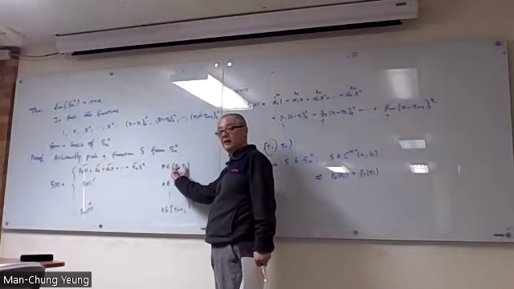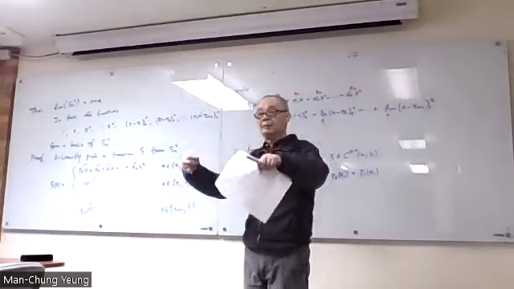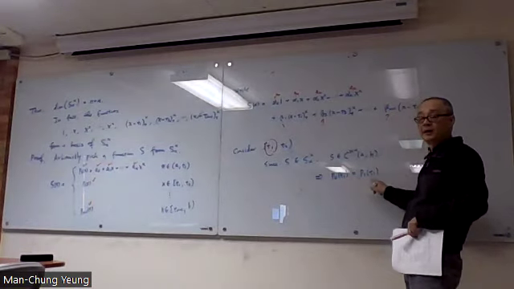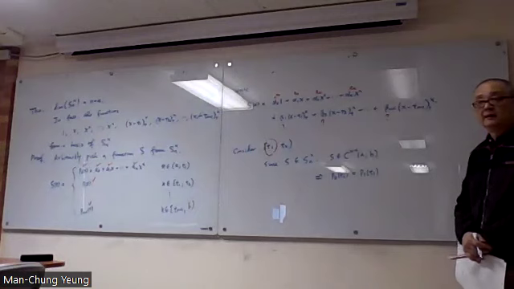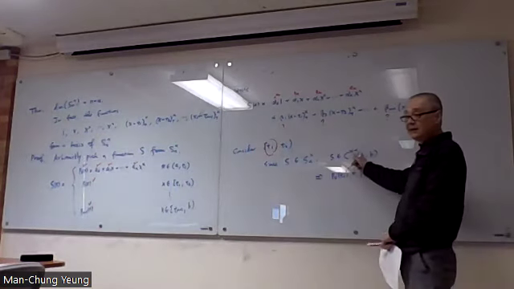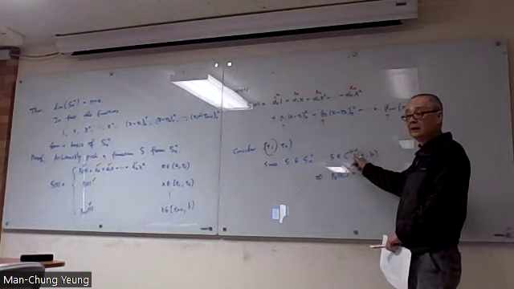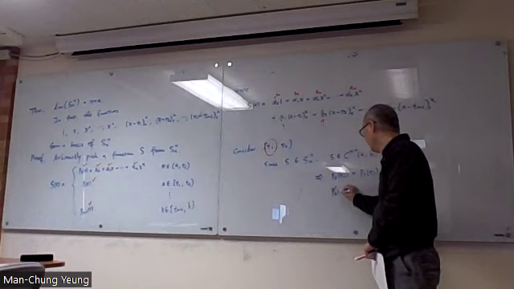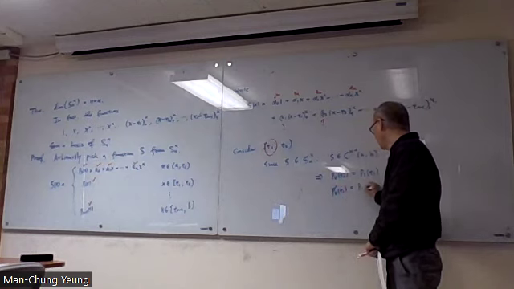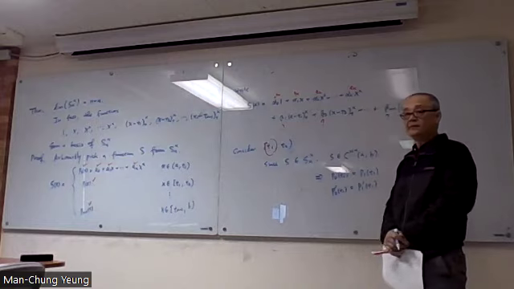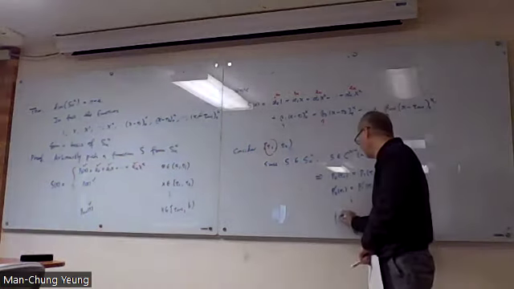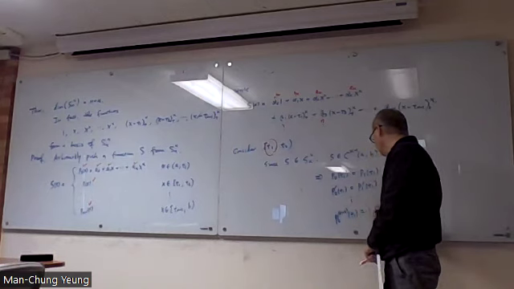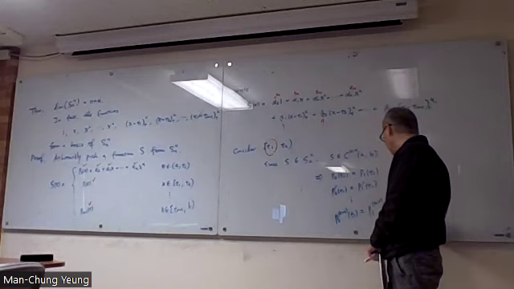P0 at T1, because S is continuous, is equal to P1 at T1. S has derivative of order K minus 1. So the derivative at T1 is also the same. And so on. Take derivative K minus 1 times at T1 of P0, equal to derivative K minus 1 times of P1 at T1.